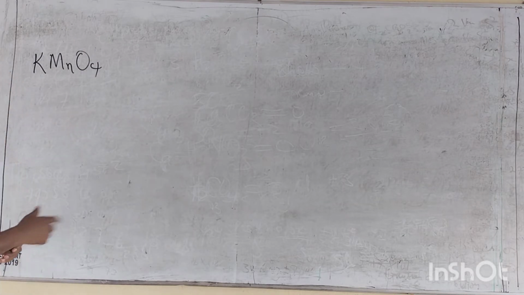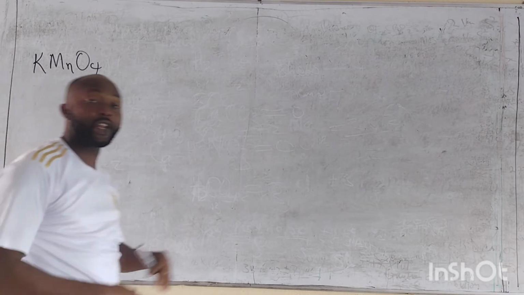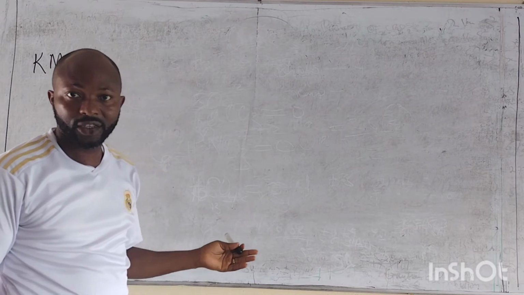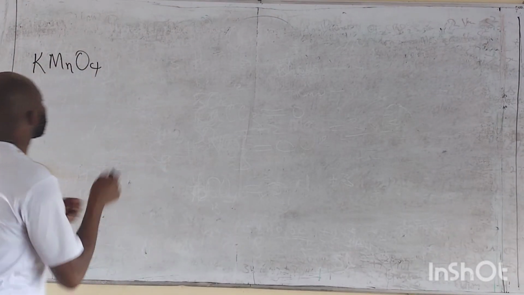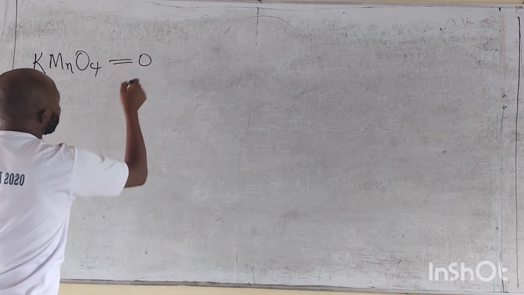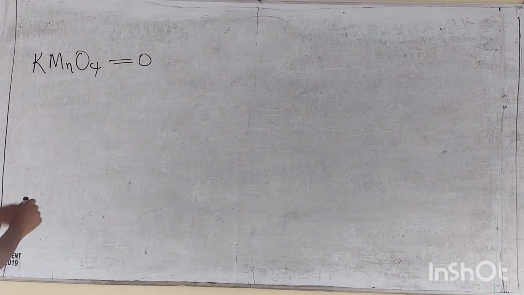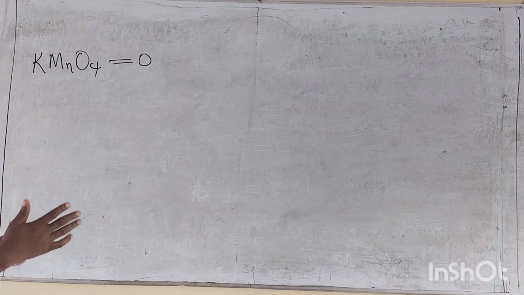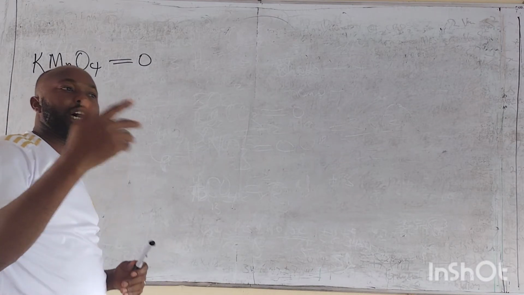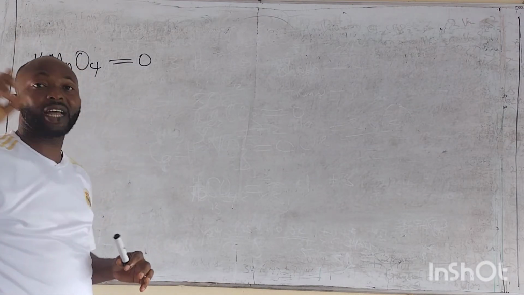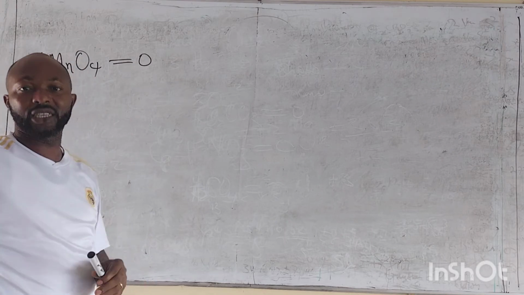Now, remember the last rule: the oxidation number of any compound in its free, neutral form is equal to 0. So therefore, this becomes equal to 0. Now, what is the oxidation state of potassium? Like I told you, it is atomic number 19. It has 2, 8, 8, 1, which means it belongs to group 1. The valence state is 1.